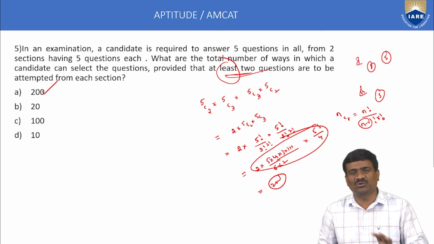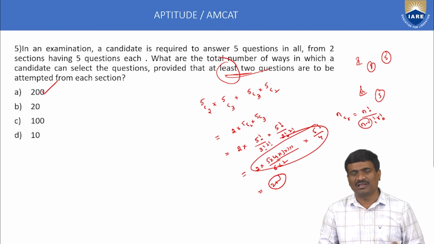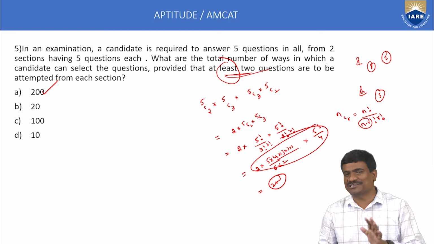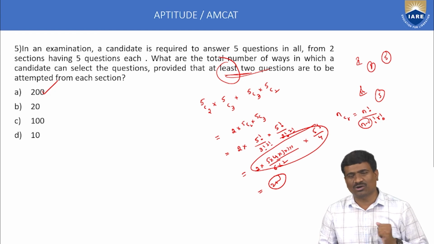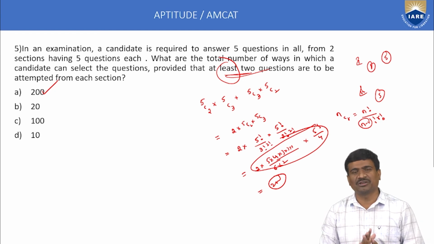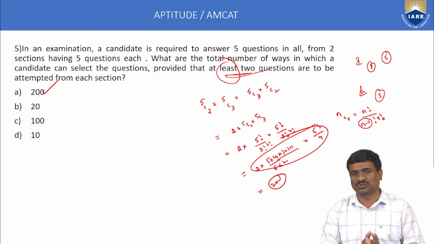Here, at least and at most are the only important points in this example. Next, to apply the combination principle, combination means selections, so apply the nCr concept. Permutation is nothing but arrangement, using the formula nPr is equal to n factorial divided by n minus r factorial.